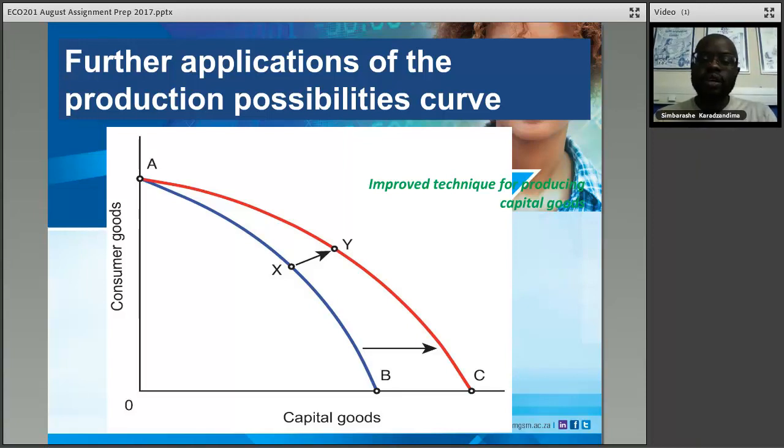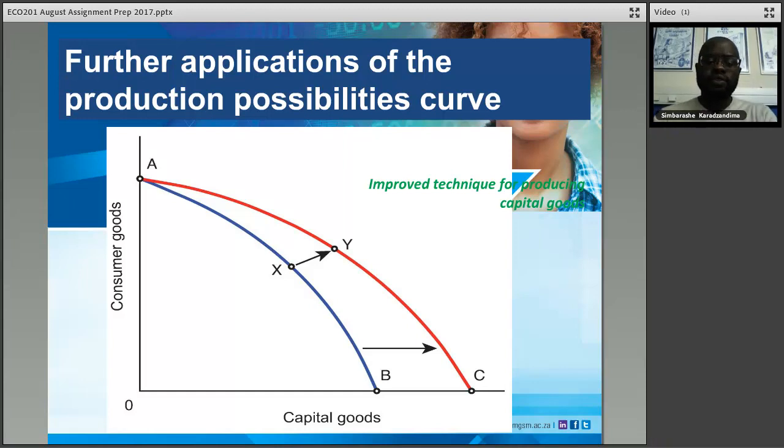For example, you could find that there's an improved production technique that has been discovered. You can also find that the workers have become more educated, they've become more skilled, productivity has increased, or even weather conditions could improve, or more resources could be discovered.